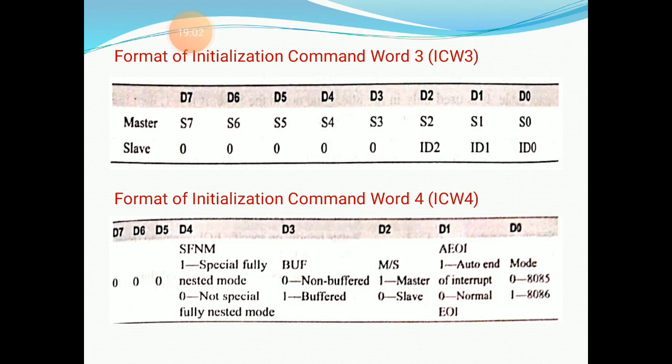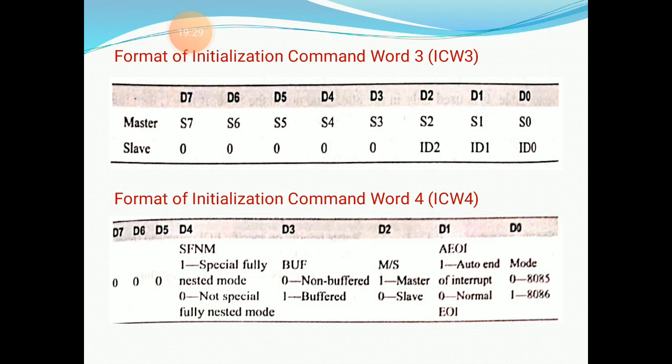Which IC requests the service among 8 slave devices, that information can be specified in ICW3 for the master device. So the master device can accept the request from each slave device. That information specified in 8 bits D0 to D7 belongs to S0 to S7. Each slave device is connected to any one of the request lines of the master device.